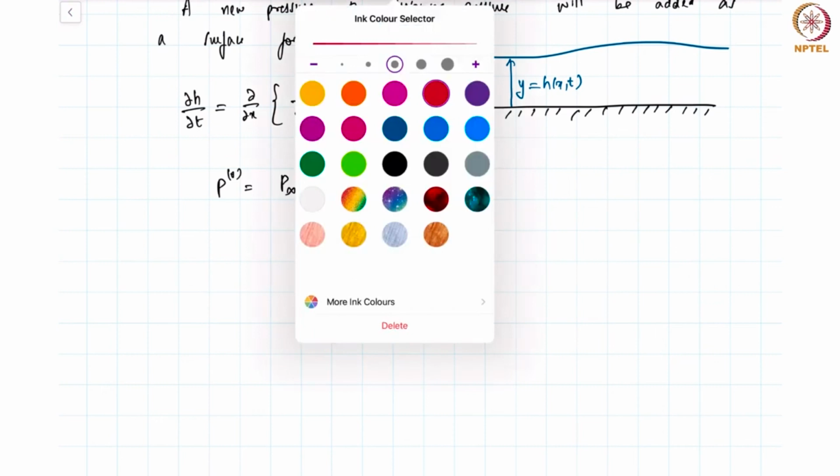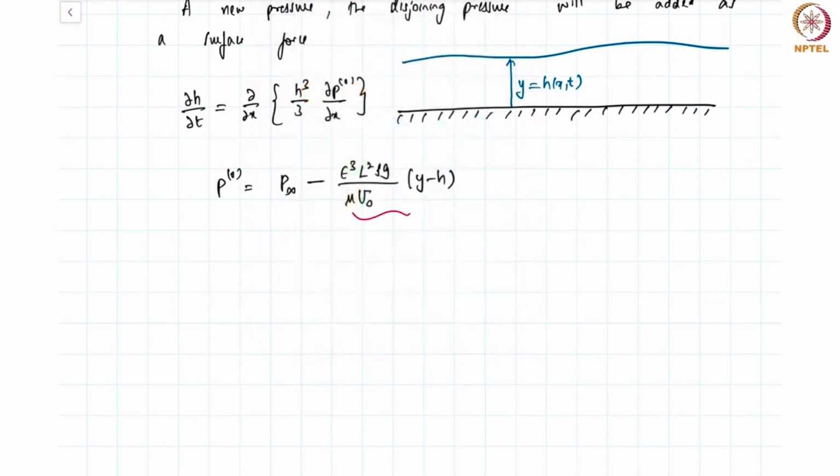This is better called the hydrostatic contribution. Then we had a curvature term, the capillarity term, or the Laplace pressure jump.